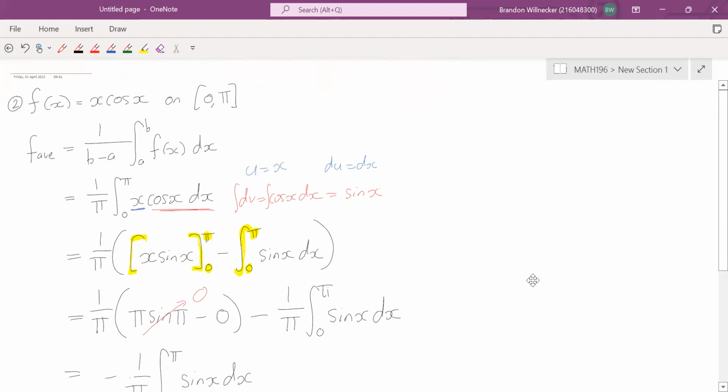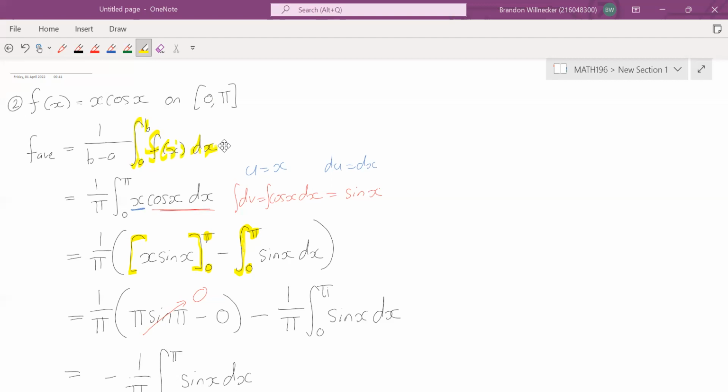Okay, so you see that this integral here, for the average value, is not going to be a straightforward integral like we had right at the beginning. This integral could have a u substitution, it could have integration by parts, or it could even have both.